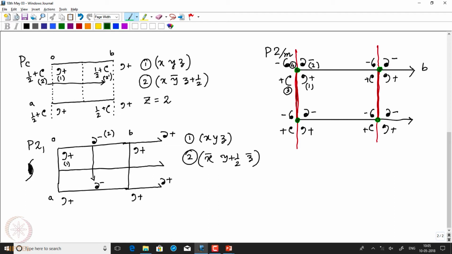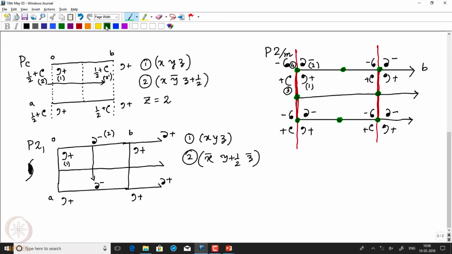If you look more carefully, the center of the faces are also inversion centers. There is a twofold generated through the middle.